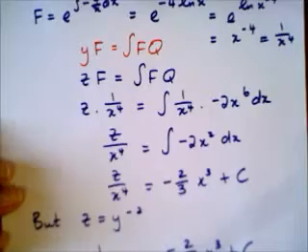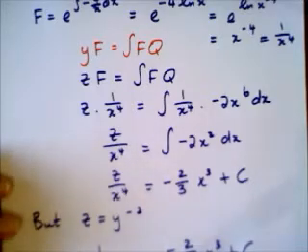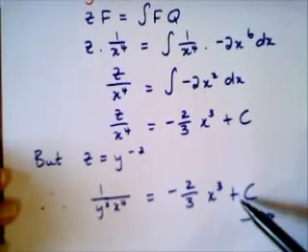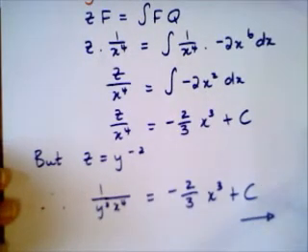And that will be the solution for your differential equation. If you now have initial conditions, you will be able to find your value for C, which means you'd be able to find your particular solution from that.